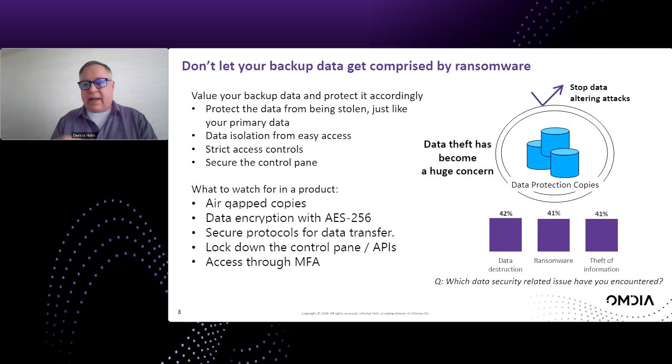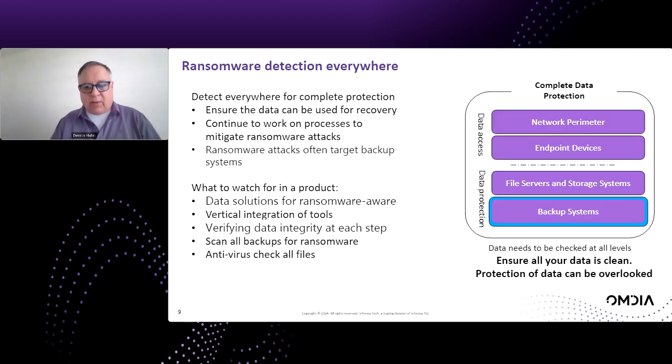A great way is to get in there as a malicious actor, turn off the backups, delete the backups, and then go after the primary data. So lock those down. And multi-factor authentication has become very popular. I'd say it's almost a must-have, especially for backup products working with this valuable data, that if they can get a hold of it, there's just so much of it. It can really create a problem for an organization.